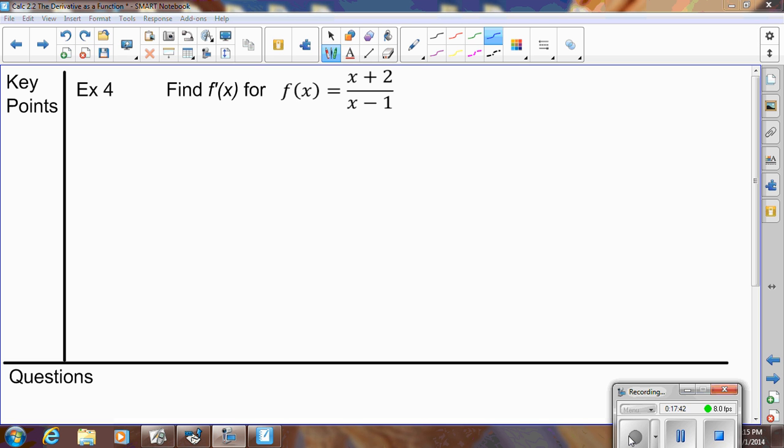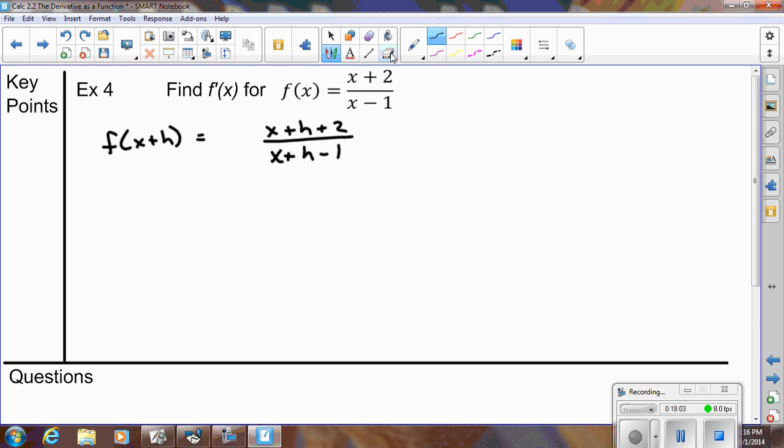Now for example 4, we again need to calculate the derivative. So we have f of x plus h as part that we would need. Okay, so that's x plus h plus 2 over x plus h minus 1.